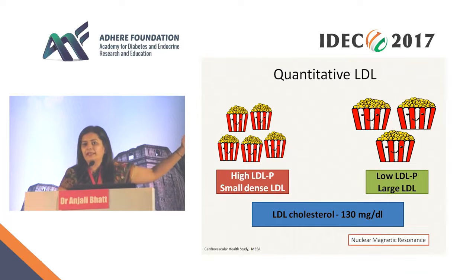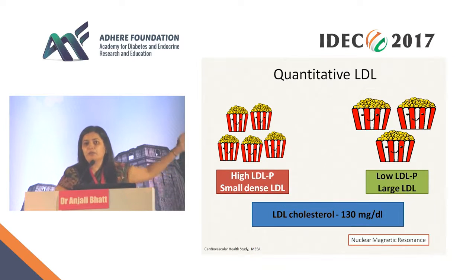But on one side there are 5 particles, on the other side there are only 3 particles. On the 5 particle side, the LDL particle number is higher and the particle size is smaller, so they are more dense. So a higher number of particles with the same level of mass of cholesterol is worse compared to large LDL particles or a low number of LDL particles.